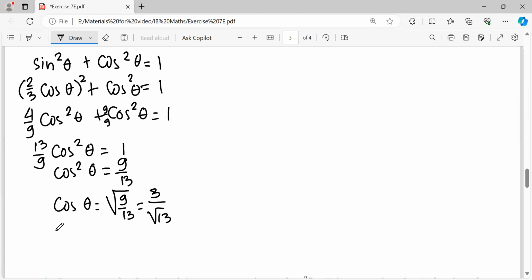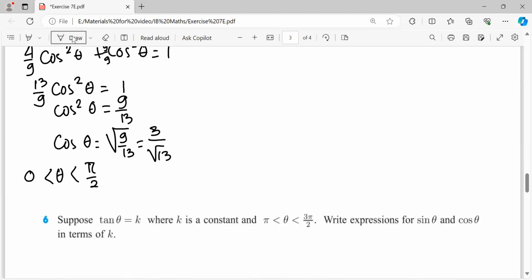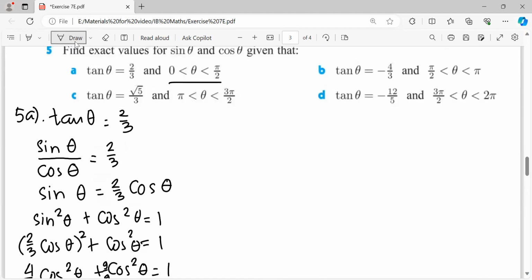And theta at quadrant 1, from 0 to pi over 2, is positive, so cosine theta equals positive 3 over square root 13. Next, 5b.